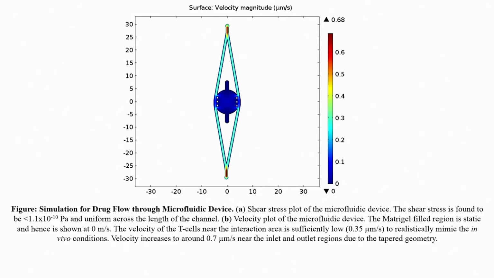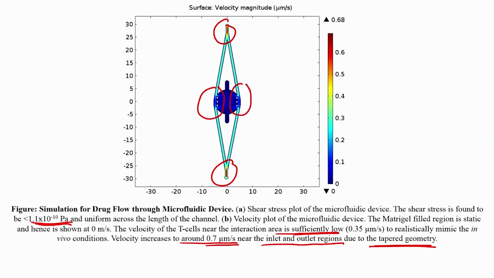We have not shown the shear plot, but the value is this, while in the velocity plot shown here, the material field region is static and hence is shown as 0, while the velocity of T cells near the interaction area is sufficiently low to realistically mimic the in vivo condition. Velocity increases to 0.7 micron per second near the inlet and outlet regions due to tapered geometry. So, here the velocity increases a little bit, however, in this particular area the velocity is sufficiently low to mimic the actual flow inside the body.